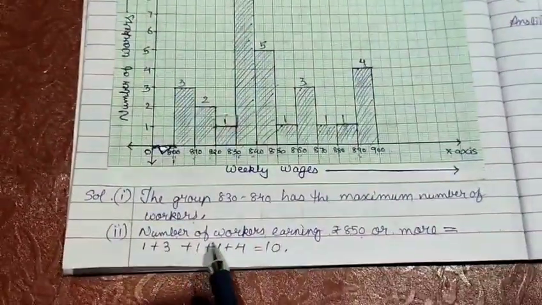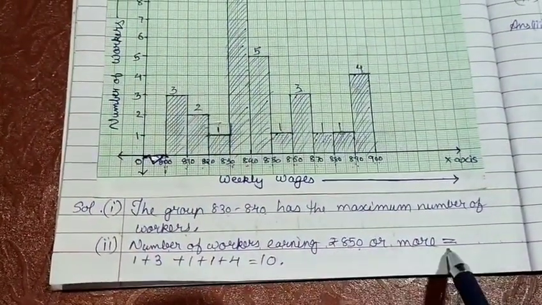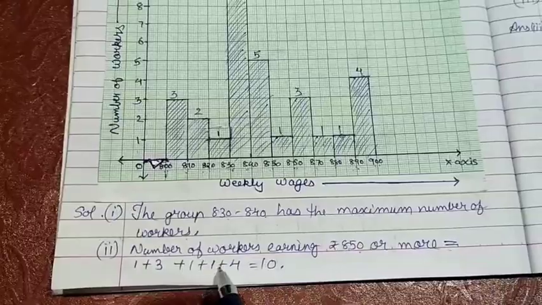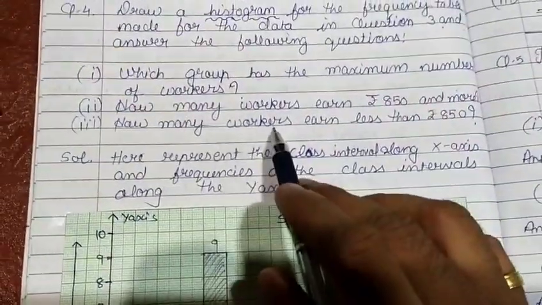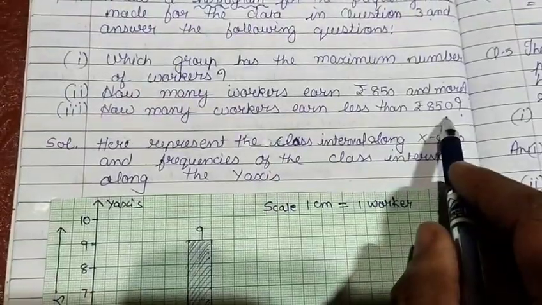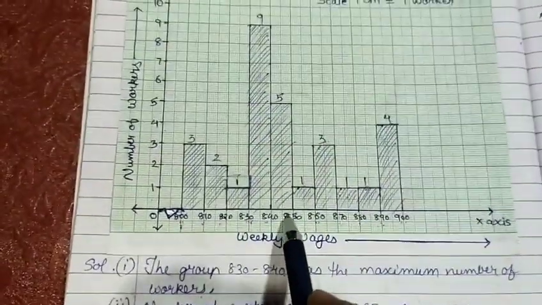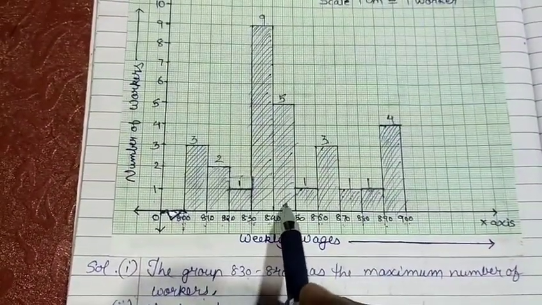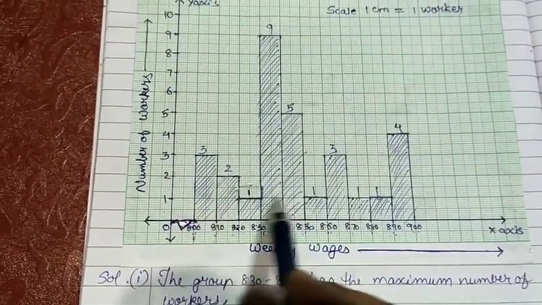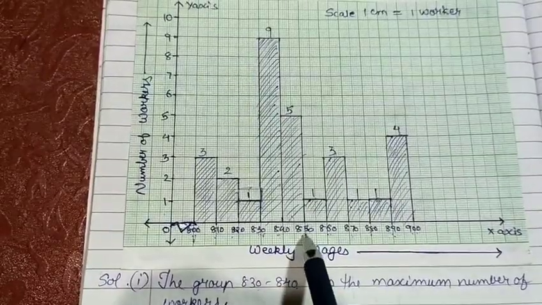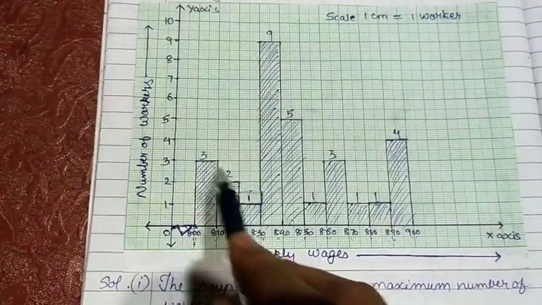To write down in the solution, number of workers earning rupees 850 or more is 1 plus 3 plus 1 plus 1 plus 4 equals 10 workers. Now, how many workers earn less than rupees 850? So we have to count whatever bars are above the 850. Now this many workers we can say earn less than 850 rupees. So you have to count all these bars.